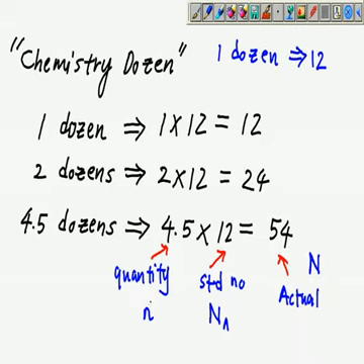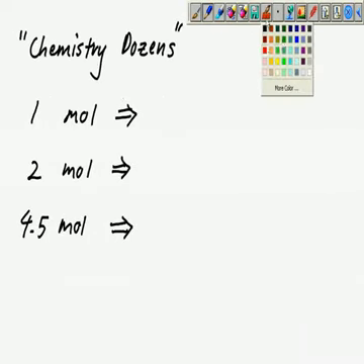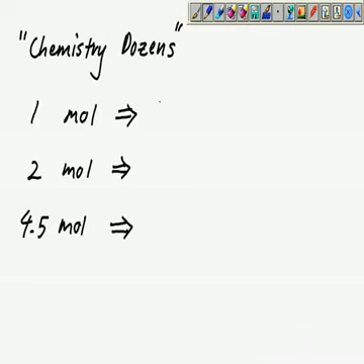Alright, so now you look at what I circle. Small n times big NA equals to big N. It is because of the quantity of chemistry dozen that you want to get, you times 12. But in chemistry, of course, the number is not 12 because they have set it as 1 mole will have 6.02 times 10 to the power 23 entities.